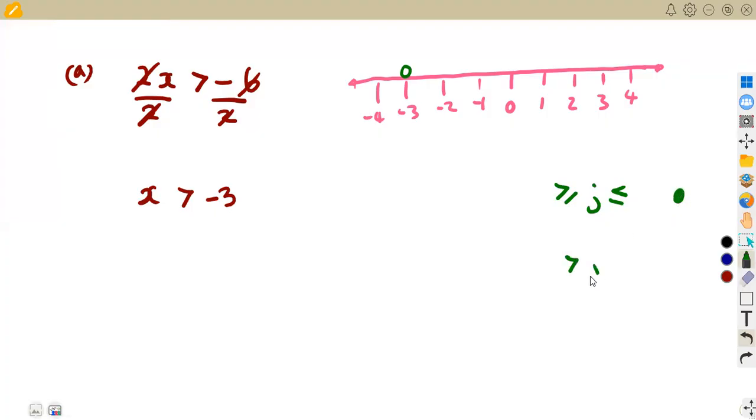For just a greater than or a less than, you just draw a circle that is not shaded inside. Then you indicate the direction by the arrow.